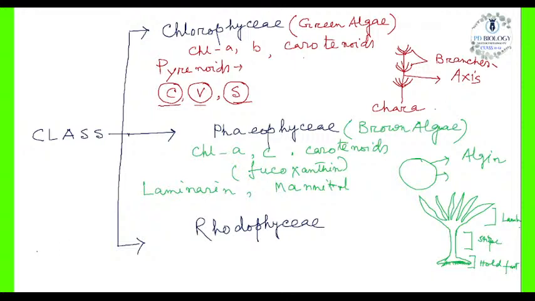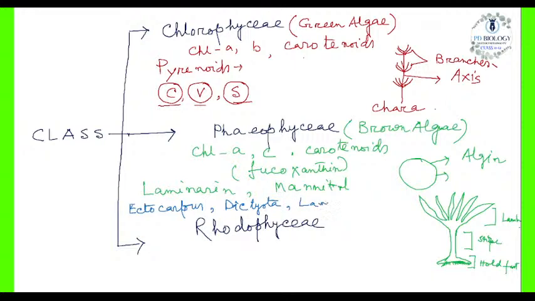The prime examples of this group are Ectocarpus, Dictyota, very important. Sometimes we cannot differentiate it from another algal group.